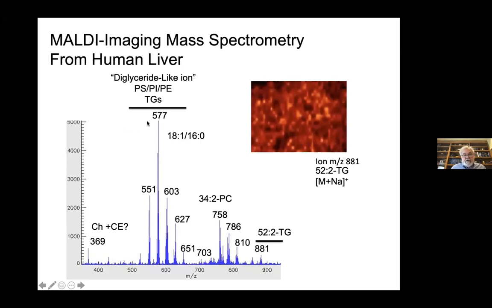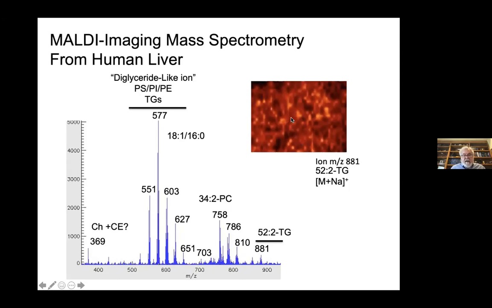Now, I've chosen to show this slide. This is imaging mass spectrometry, and imaging mass spectrometry you're going to hear about later, but typically they use matrix-assisted laser desorption ionization, and this is a human liver tissue slice, and we have done multi of that, and I've given you the image of the ion at 881. In the liver, you can see there's some interesting images there.